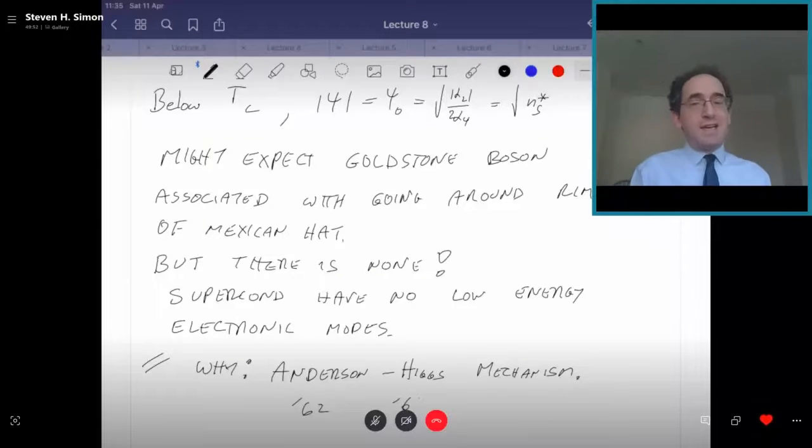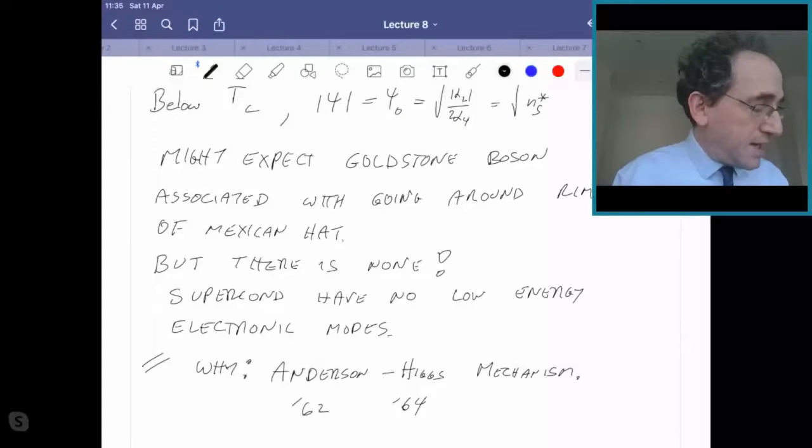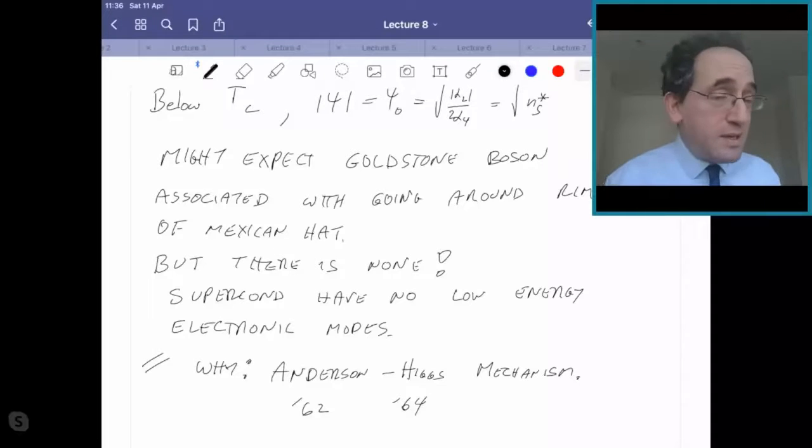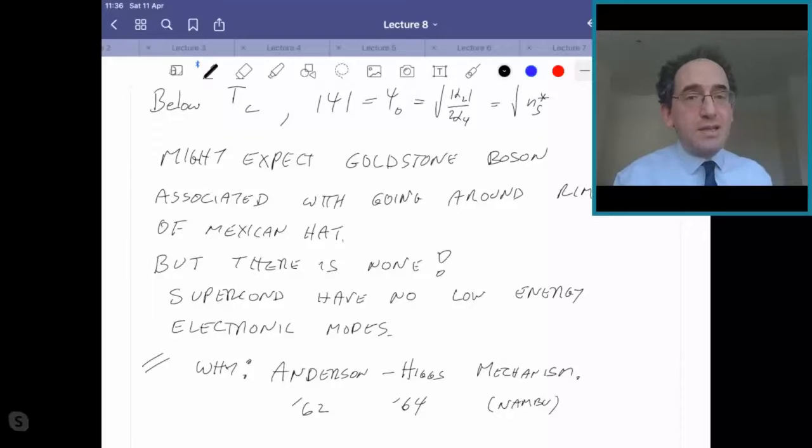And in fact, Higgs even cites Anderson and says that what Higgs was doing was just a generalization of the Anderson mechanism. Also, to give fair credit, Yoichi Nambu was also very involved in developing the understanding of spontaneous symmetry breaking with a gauge field.